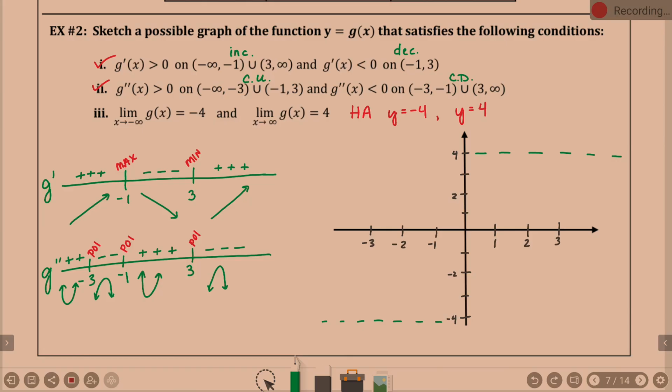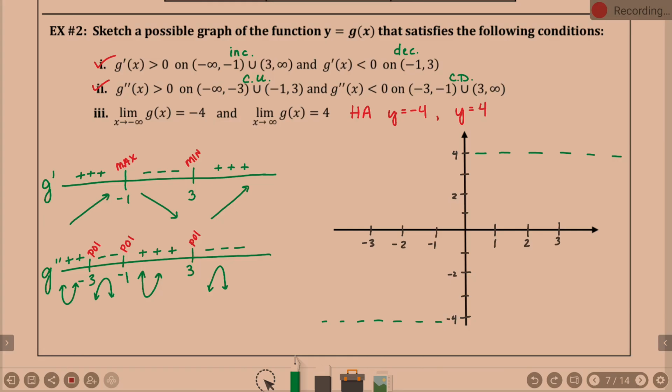Along the way, what has to happen at -3? My concavity has to change. So while my graph is generally going up, we're going to start off being concave up, so kind of bold up, yes? And then around -3, we're going to change and be bold down.